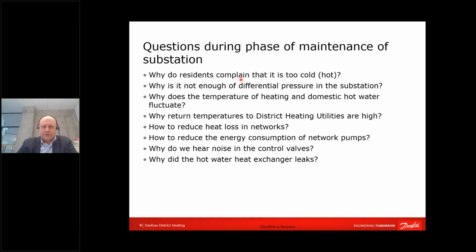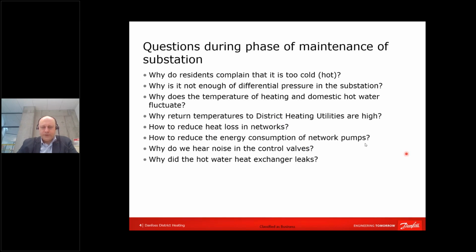Why do residents complain that it is too cold or too hot? Why is there not enough differential pressure in the substation? Why does the temperature of heating and domestic hot water fluctuate or oscillate, you may say so? Why are return temperatures to district heating utilities high?